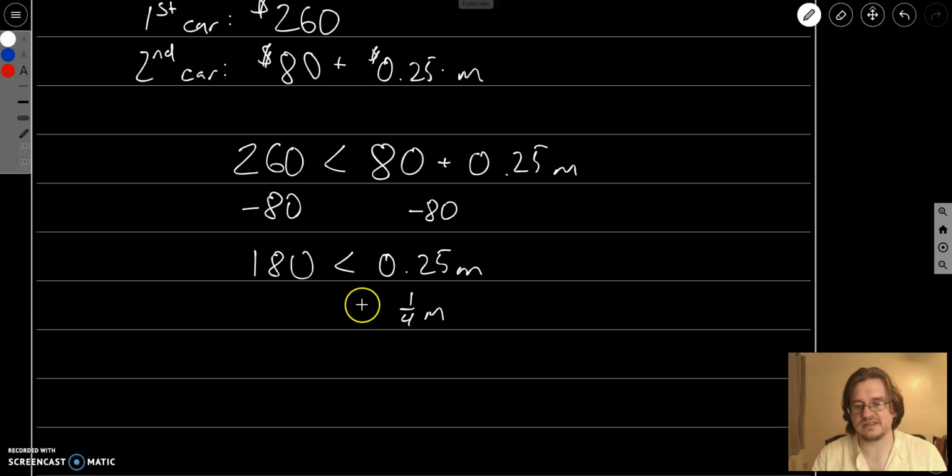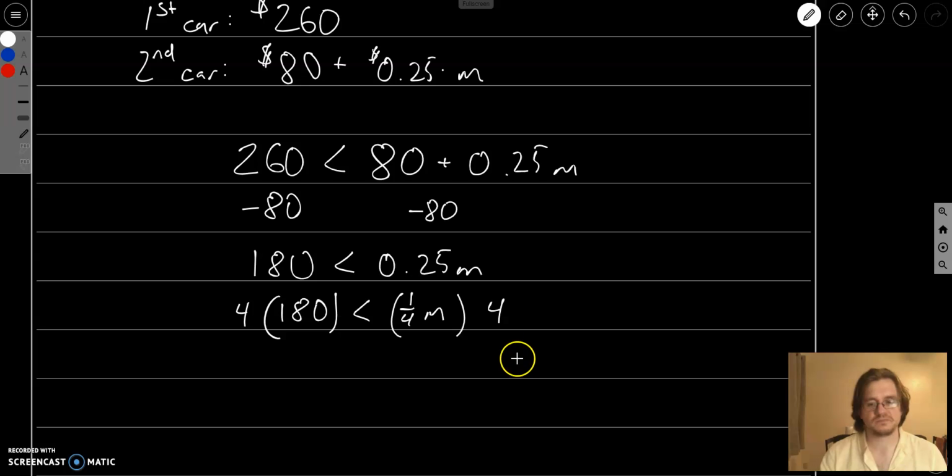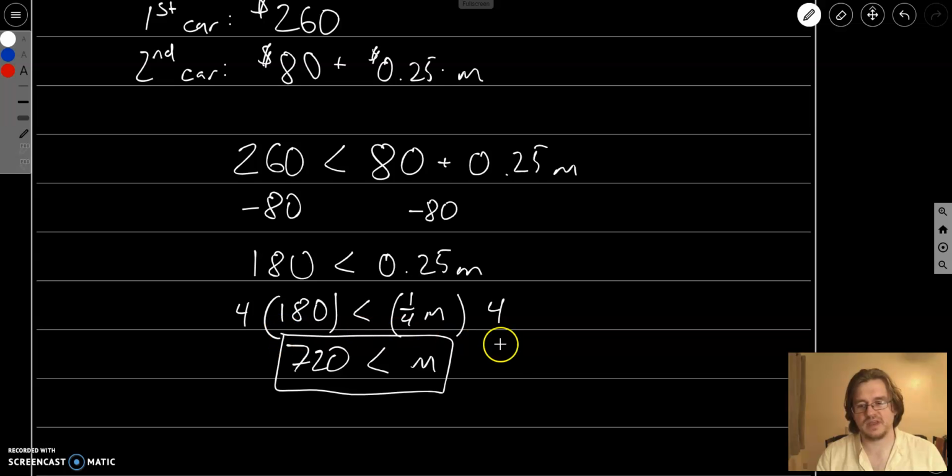So I'm just going to replace that with 1/4. And here, to cancel out the 1/4, I'm going to multiply both sides by 4. After I do that, the 1/4 and the 4 will cancel out on this side. 180 times 4 is 180 times 2 times 2, so it'll be 360, 720. So here's my answer.